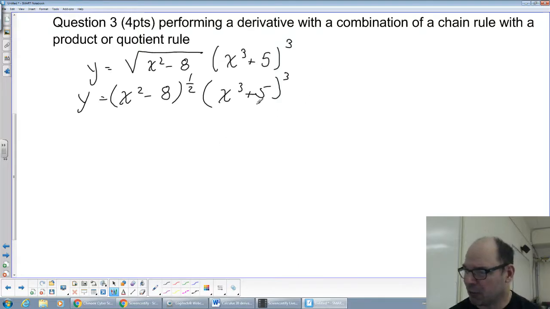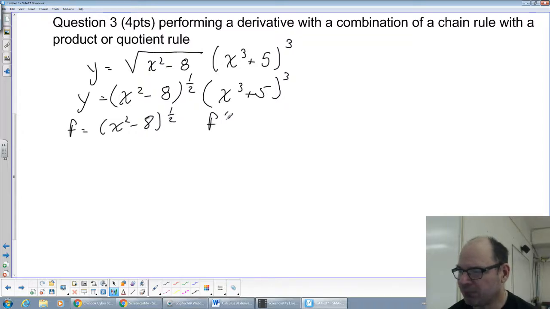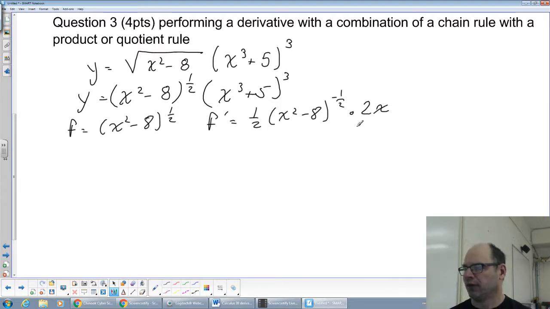If I say this is f, then f prime would be 1/2 of that whole expression to the power of negative 1/2 times the derivative of what's inside. If we reduce that a little bit, that's 2 and 1/2 is 1, so just x.